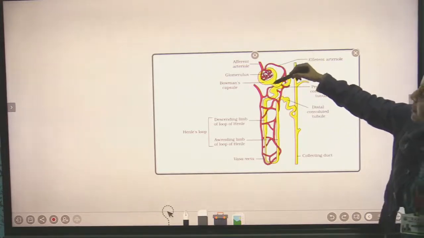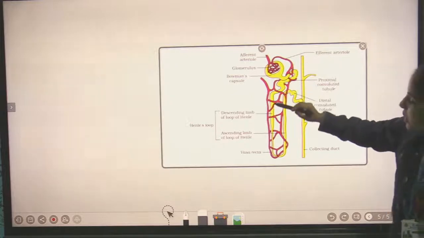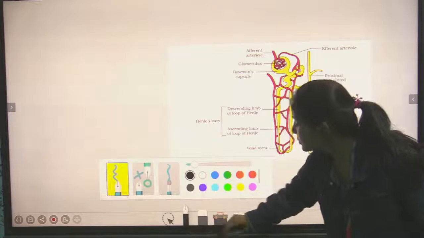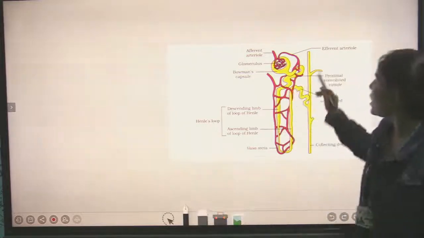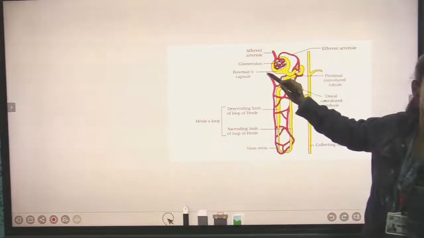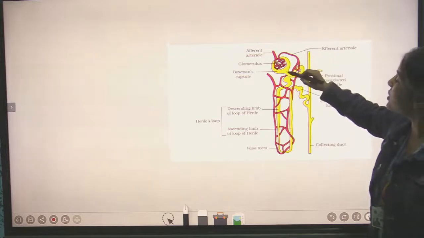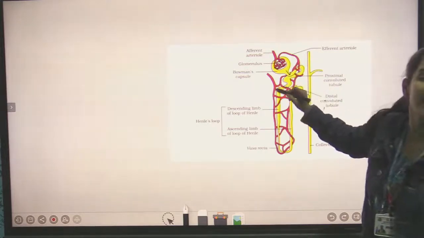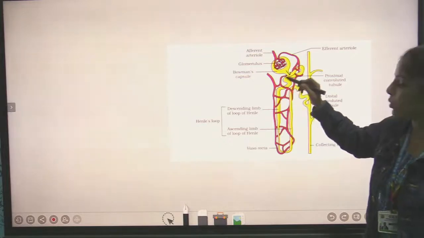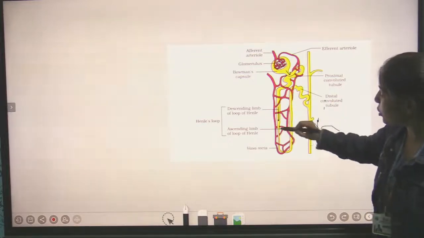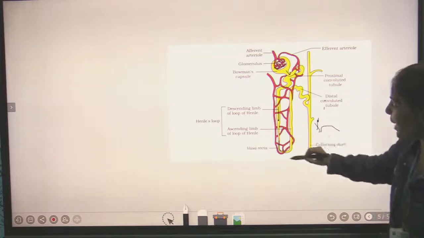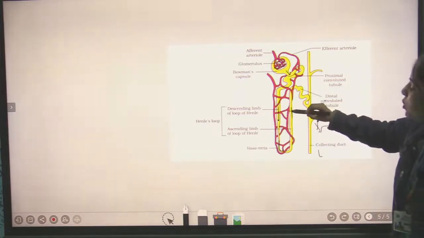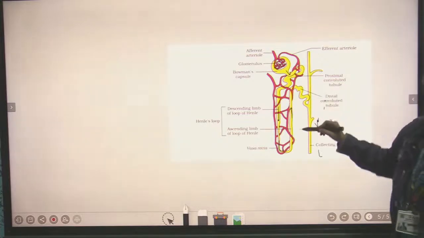Then the filtrate goes into this yellow tube-like structure called the PCT, the proximal convoluted tubule. Then the filtrate goes to the loop-like structure called the loop of Henle, and this further goes into the distal convoluted tubule.